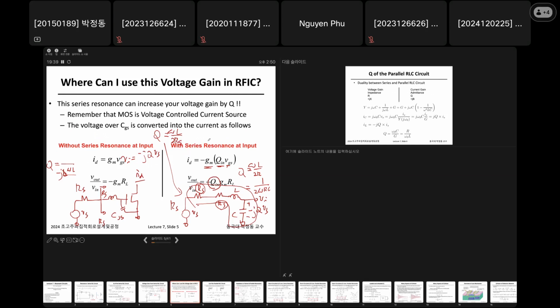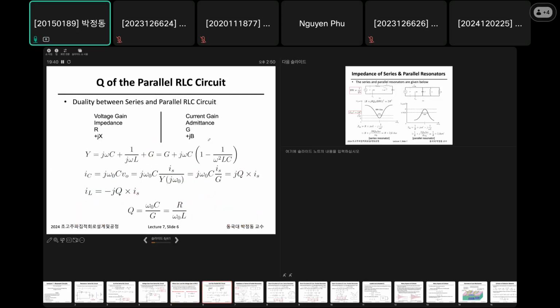Okay. So let's talk about the quality factor of the parallel RLC network. When it comes to a parallel RLC network, what you have to use is Y parameters, because this is a more straightforward way. Y is jωC plus 1/(jωL) plus 1/R, so this is G. So we can express Y in terms of this.